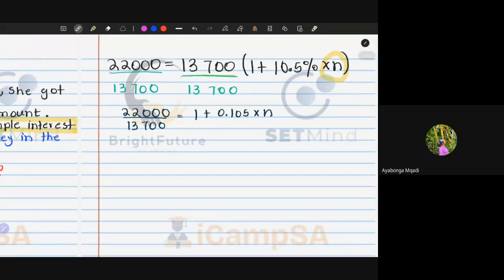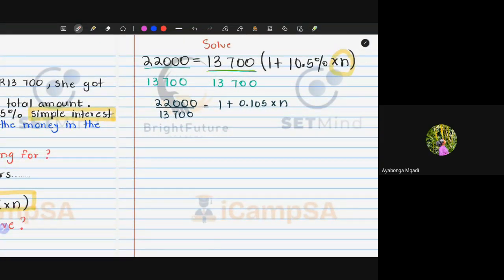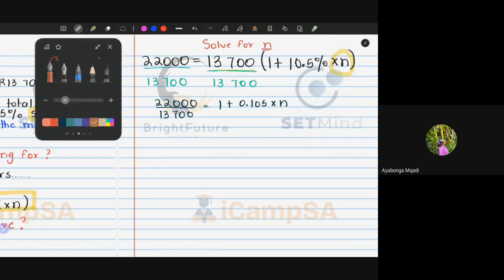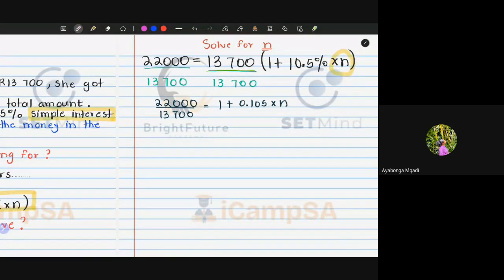So what do we need to do next here? Remember, we are trying to solve for N. So what should I do next? Anyone? So I'm going to give it to you in the interest of time. There are two ways we can go about dealing with this. We can transpose the one. Oh, you have the answer already. Wow. Okay.